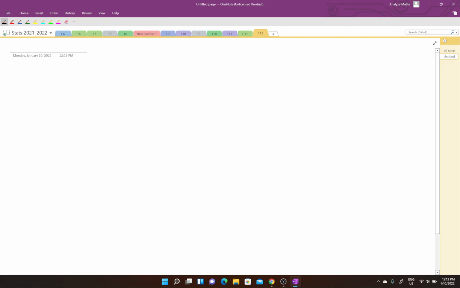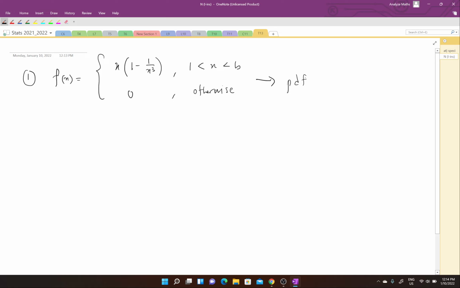Let's say there's a question here, and this is a density function, a PDF, probability density function.